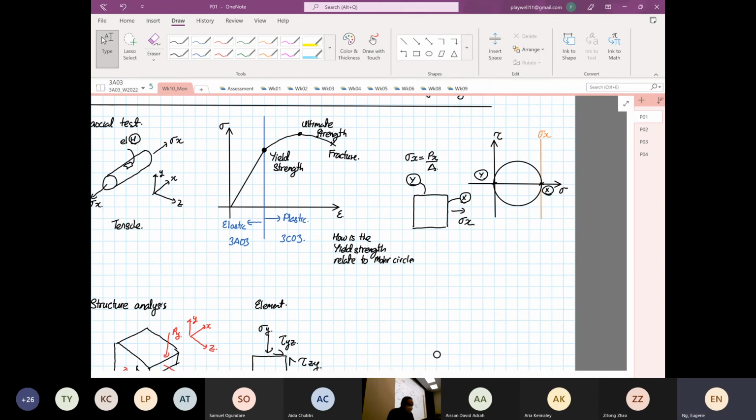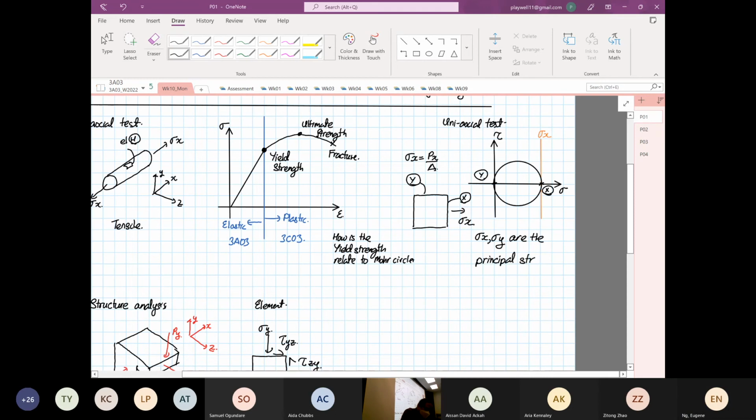Now, this is from uniaxial. So what you realize is stress X and stress Y are the principal stresses. They're the principal stresses.